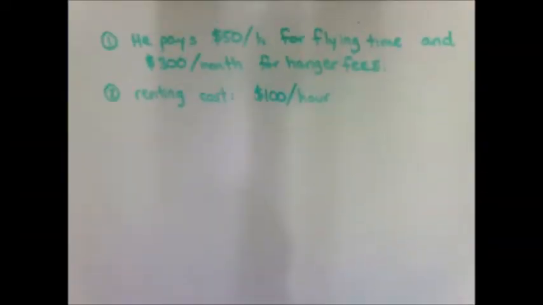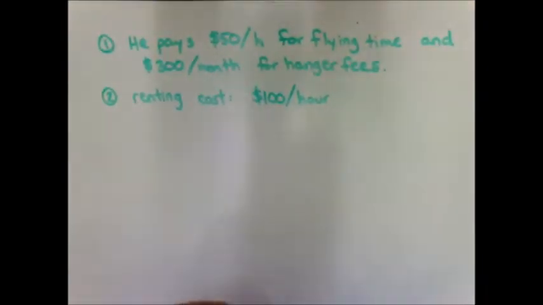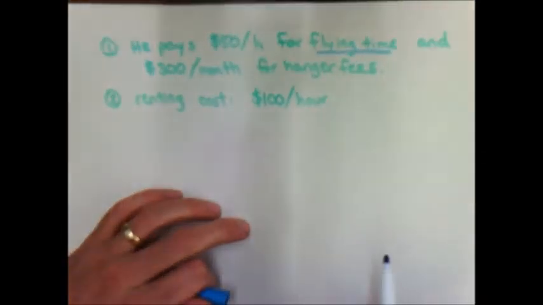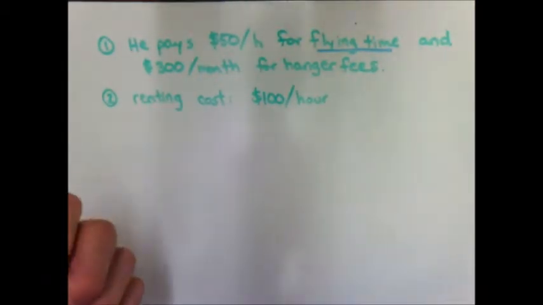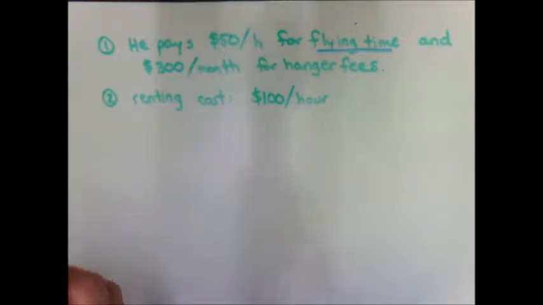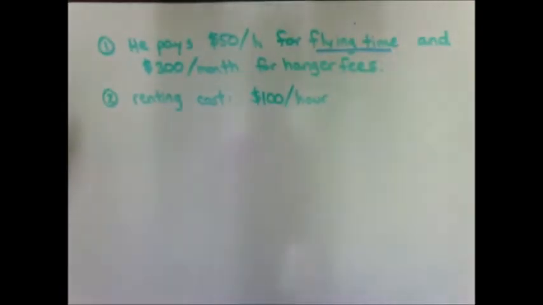I've rewritten our two sentences that need to be translated into algebra so that we can have them in front of us while we talk about this. We've also determined that the unknowns in the situation are right here, our flying time, and in system number 1 and 2, what will be the total cost? Which option is going to be better? Well, we have to know the total cost of both options for the same amount of flying time in order to make that decision.